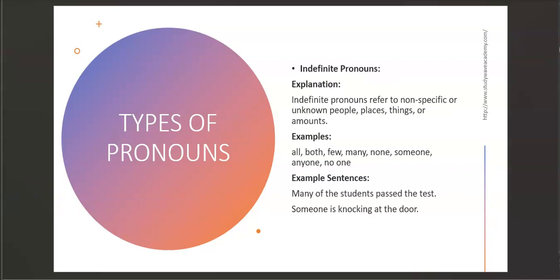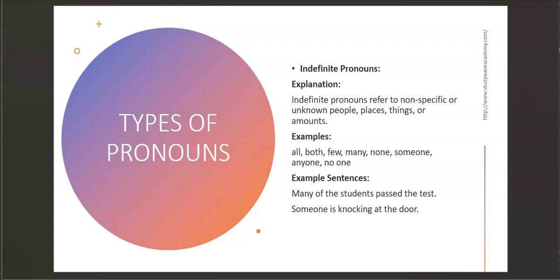The next type of pronoun is the indefinite pronouns. So with the indefinite pronouns, they refer to non-specific people, places, things, or amounts. Okay, indefinite, something that is not specific.